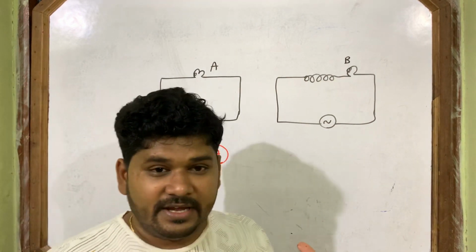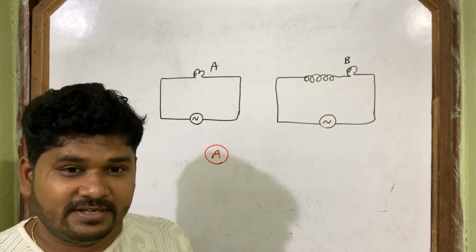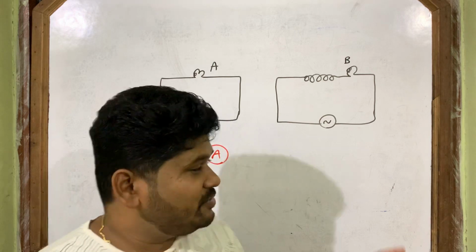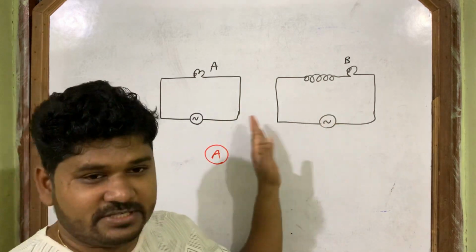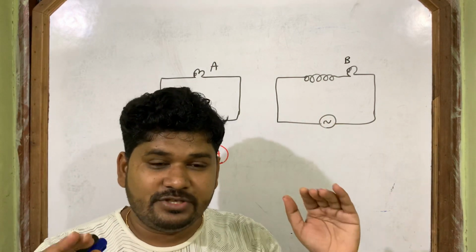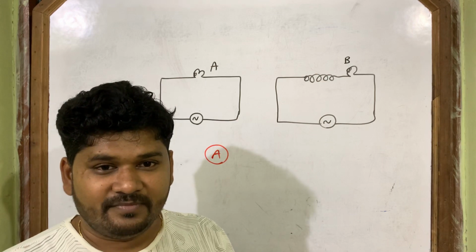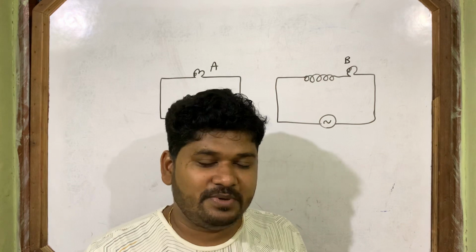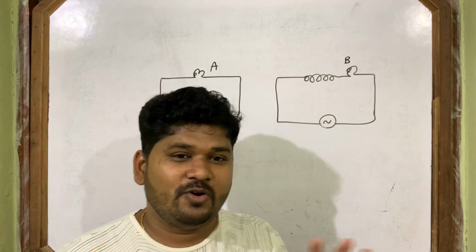If again the question is asked, which bulb switches off fast? When you switch off the two circuits at the same time, which bulb will glow for a long time?